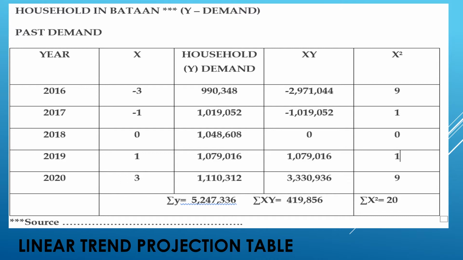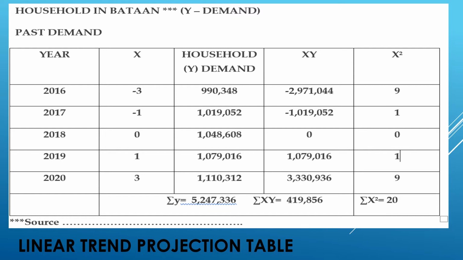When it is an odd number, it has a center, a middle. So, from 2016 to 2020, its center is 2018. You will assign 0 to the center number. And then, all figures above 0 will be negative and all figures below 0 will be positive.